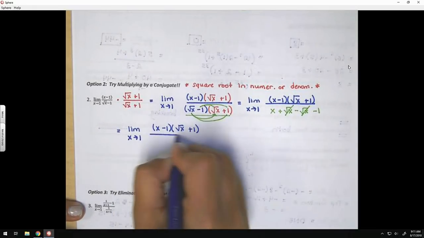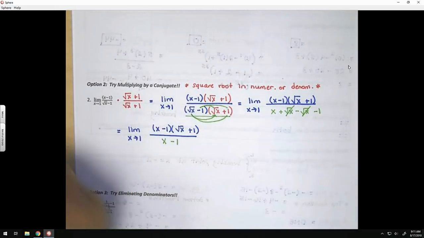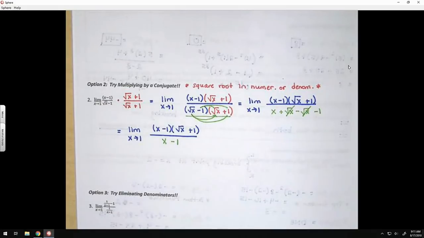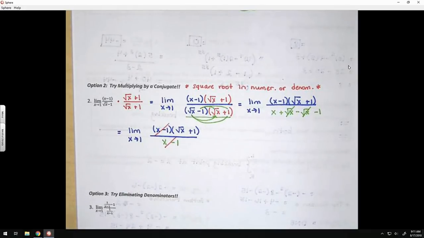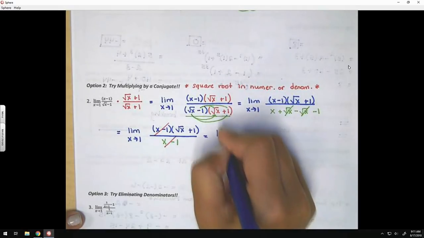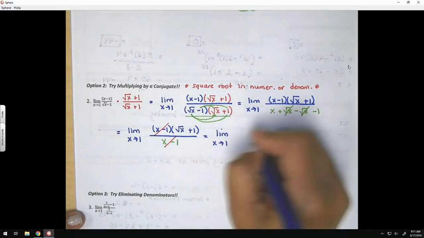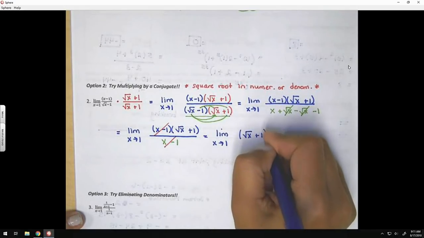But in the denominator, my simplified denominator would be x minus 1. Now I can see that this x minus 1 and this x minus 1 are going to cancel. So my new limit that I'm going to try to evaluate will be the limit as x approaches 1 of just the square root of x plus 1.